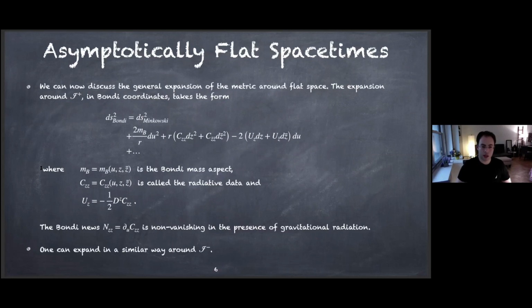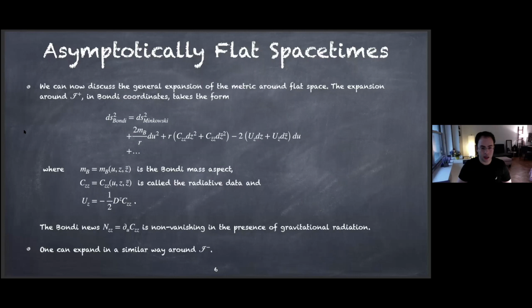this class of metrics can be expanded systematically around future null infinity in the following way. Of course, one can use different systems of coordinates. I will use the standard Bondi coordinates, in terms of which the expansion takes the following form. So in this equation here, we see the leading term is the Minkowski metric, and then there are sub-leading corrections.